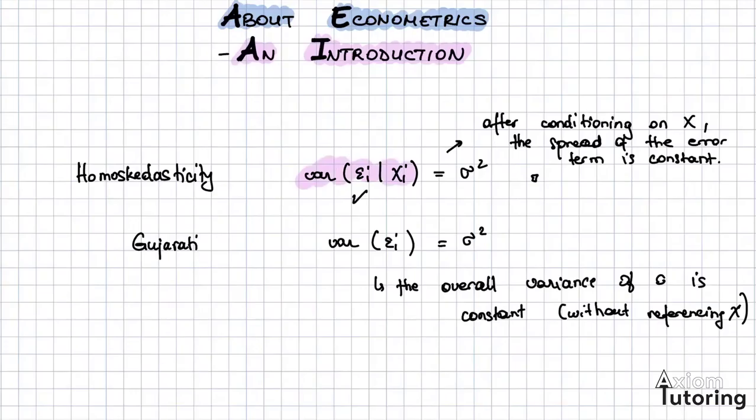So which one should we ultimately be using? Because the conditional version has a few advantages to it, this is also the one that modern econometrics prefers to use, and that's why in most of the textbooks this is also the version that you will see.